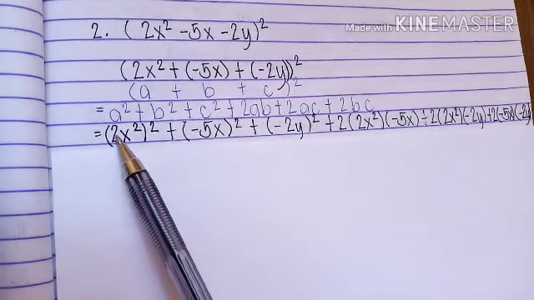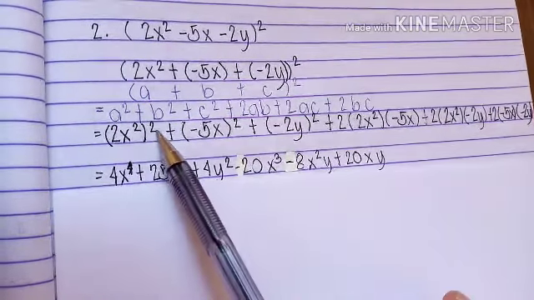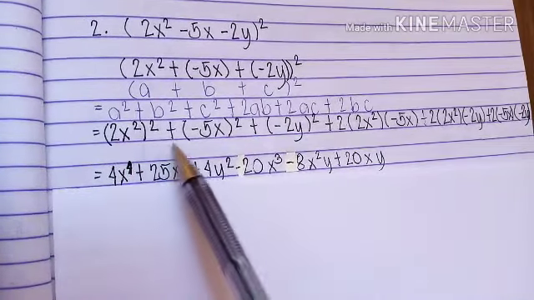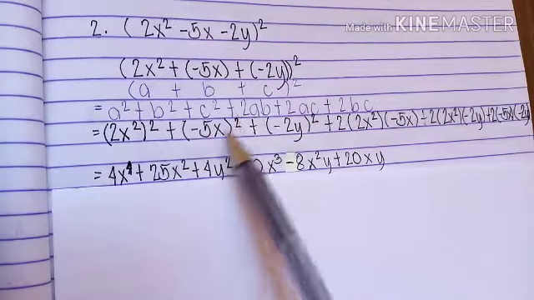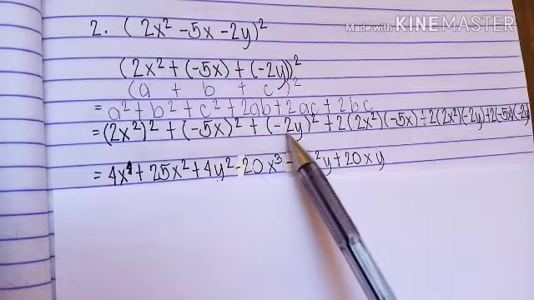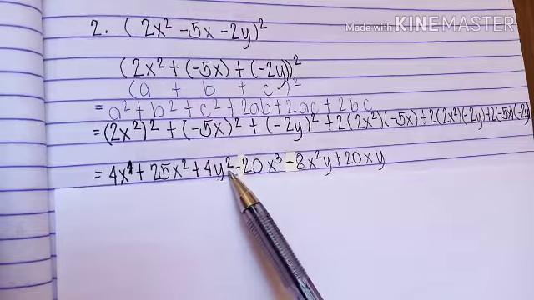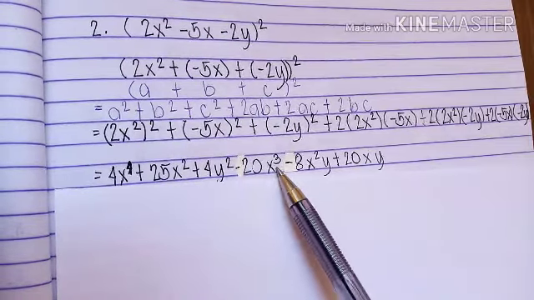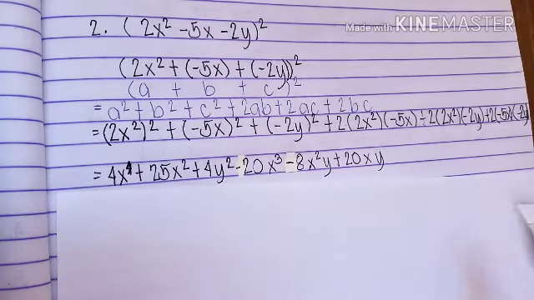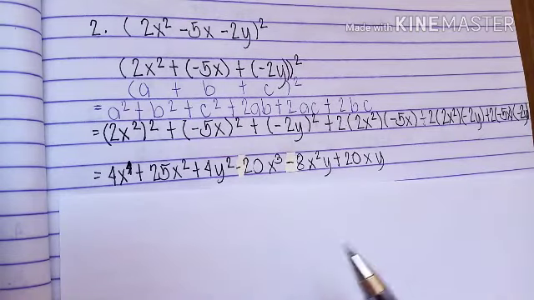That would be 2 squared, that would be 4, x squared, that would be x raised to 4, and we have negative 5 squared, that is 25, x squared is x squared, negative 2 squared, that is 4y squared, minus 20x cubed, minus 8x squared y plus xy. So that would be the answer for number 2.